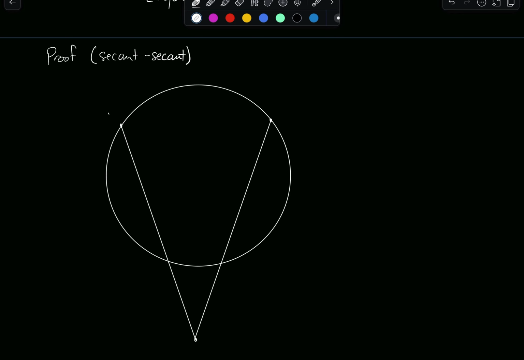Let's call this B, C, A. Just in case we need it, we'll call this circle O. And let's call these two points D and E. So what I'm going to try and prove is that the measure of angle A is equal to 1/2 of the measure of arc BC minus the measure of arc DE. So these are the two intercepted arcs. Do you see them?